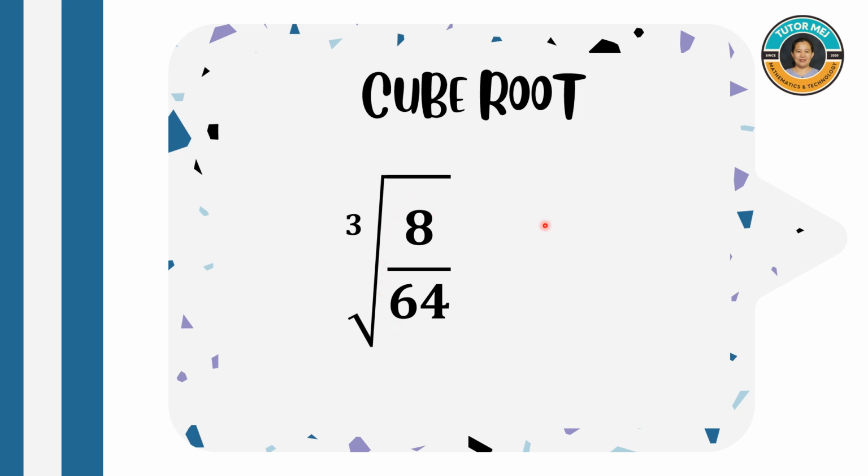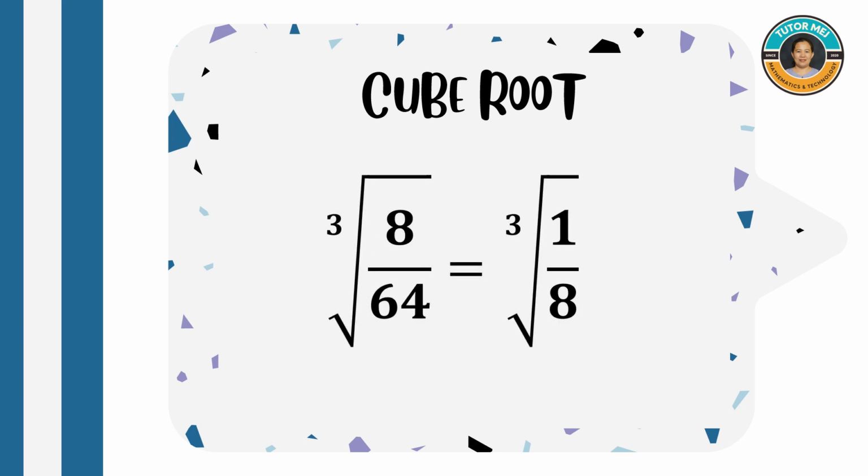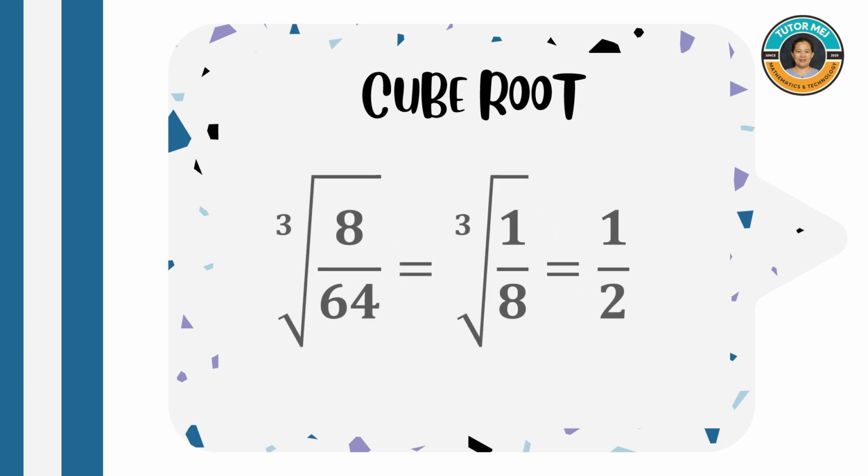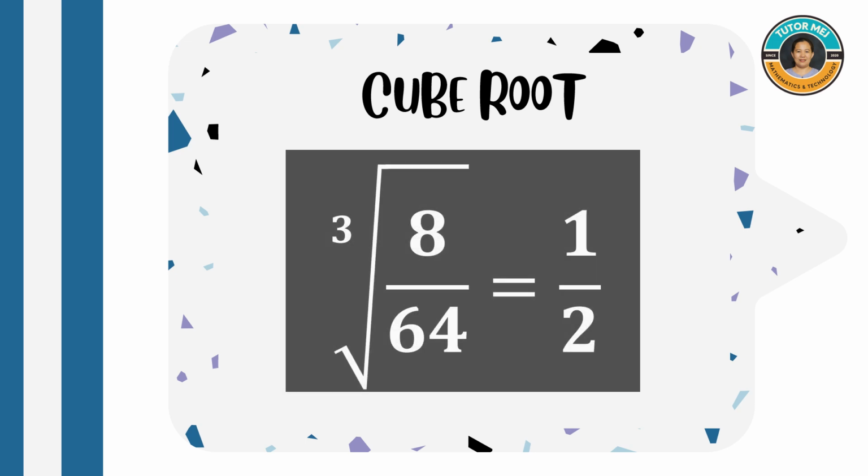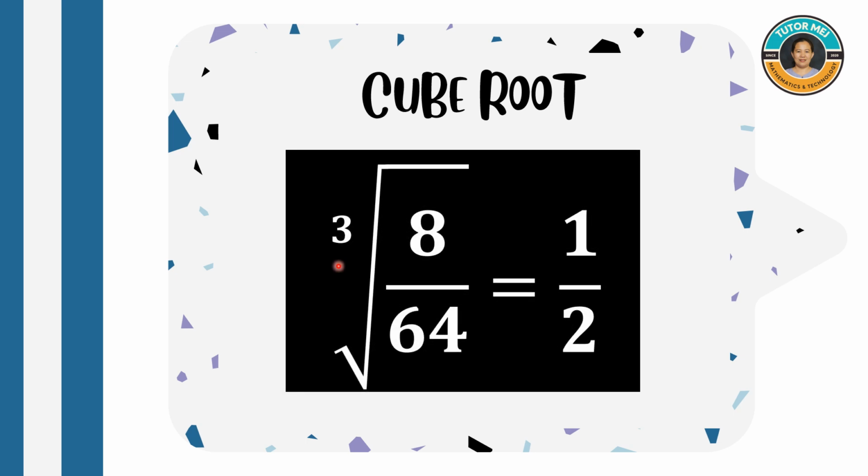So the cube root of 8 over 64 is cube root of 1 over 8, and that is positive 1 half. Cube root of 8 over 64 equals positive 1 half.